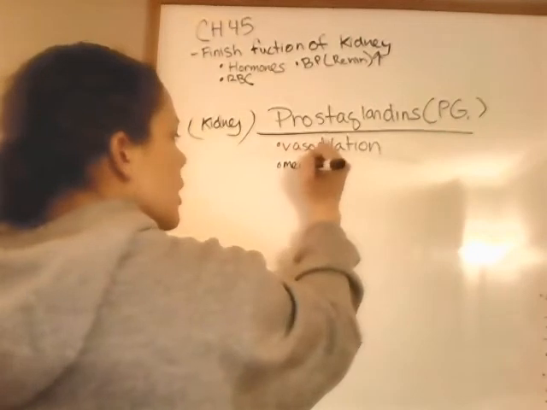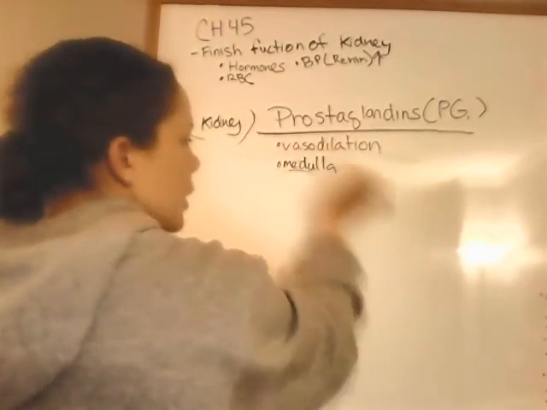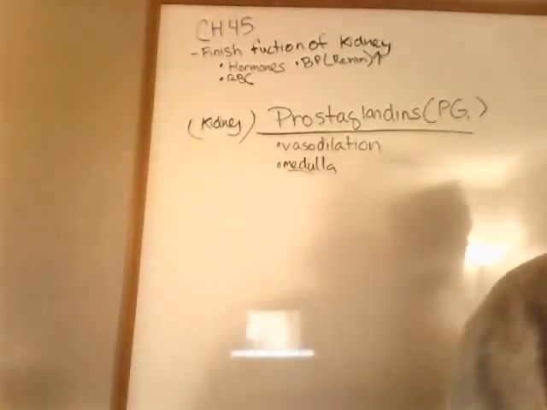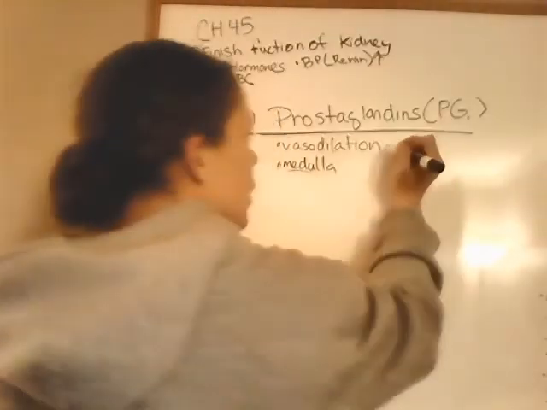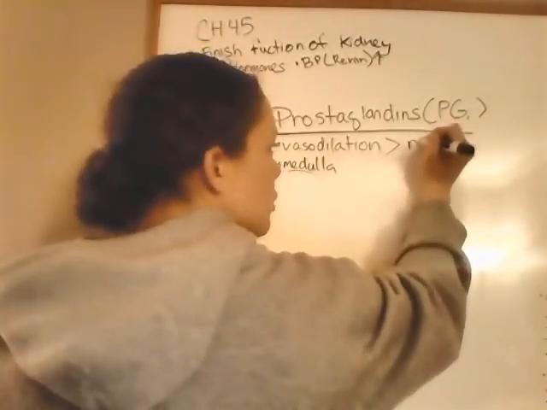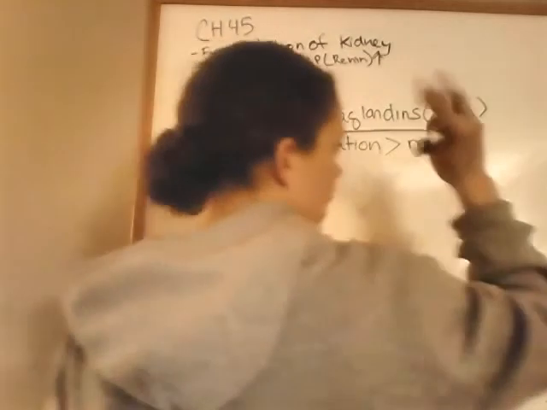Okay, so it's going to increase vasodilation. It's made in the medulla. Medulla oblongata. No, it's the medulla. Alright, it's made in the medulla of the kidney. And it increases the renal blood flow. Okay, so from vasodilation, it increases the renal perfusion, aka blood flow.